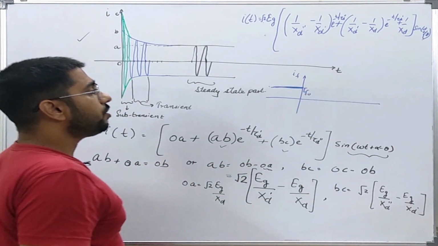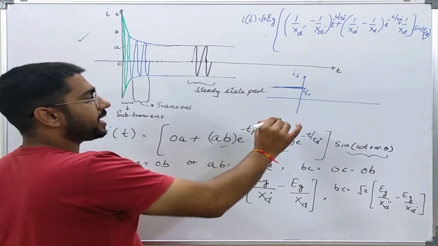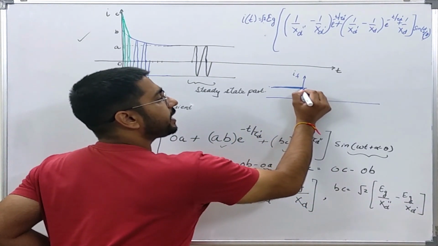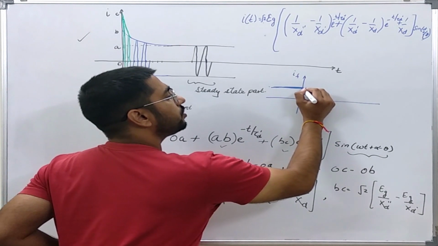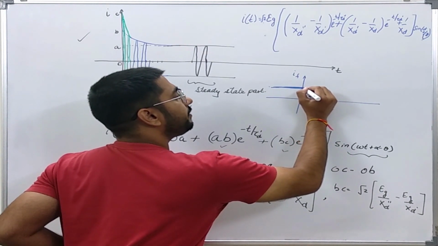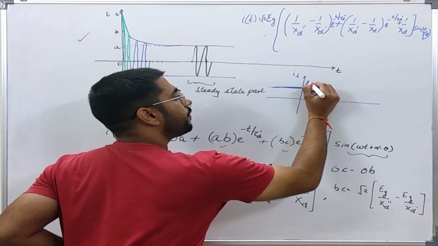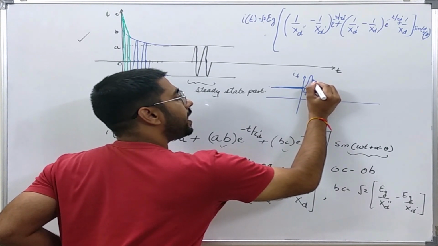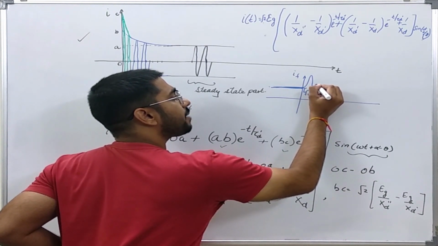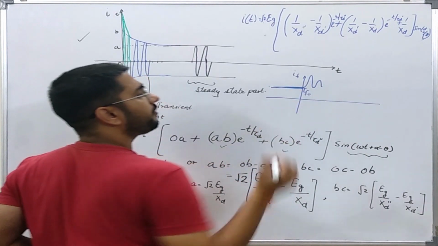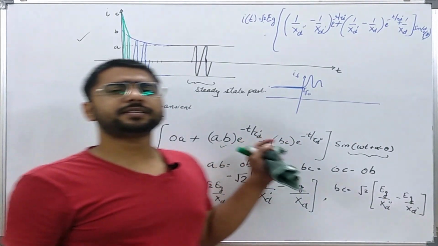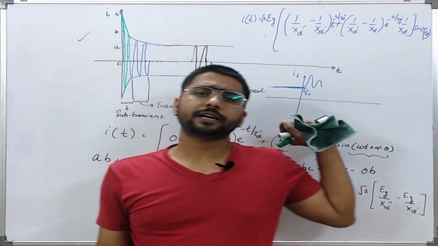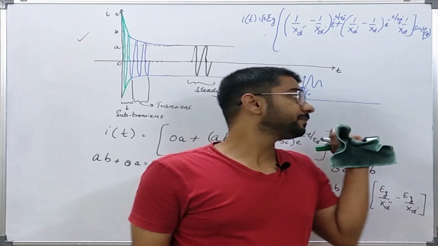Now when there is an induced current, this induced current cannot change instantly. So it will try to rise from this point, and it will have harmonics of double the frequency. That we will see in detail when we study the electrical machines subject.